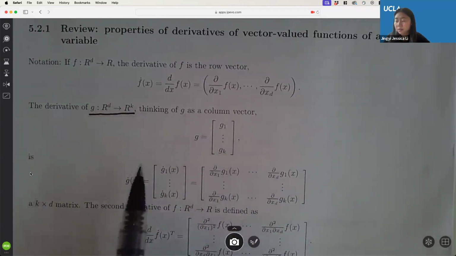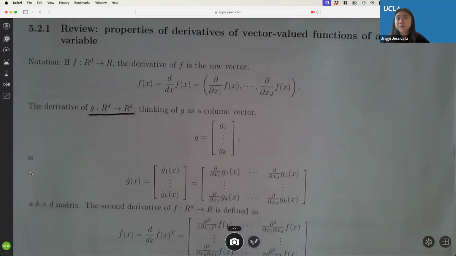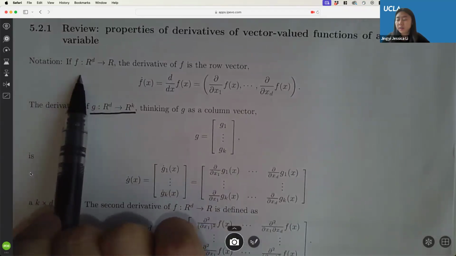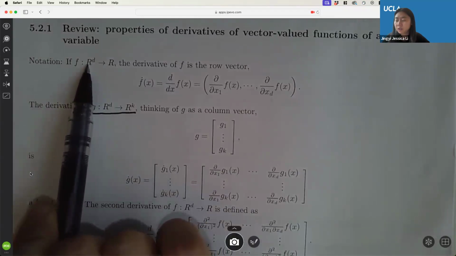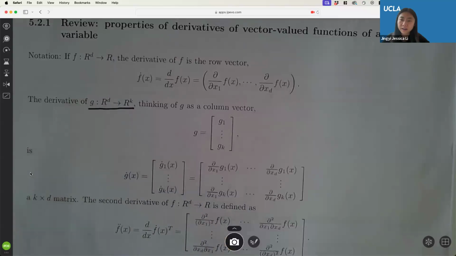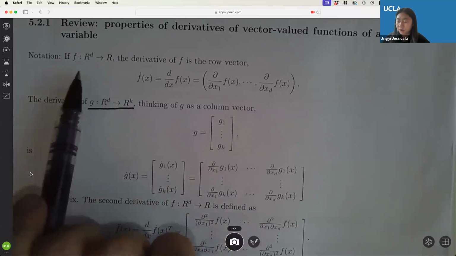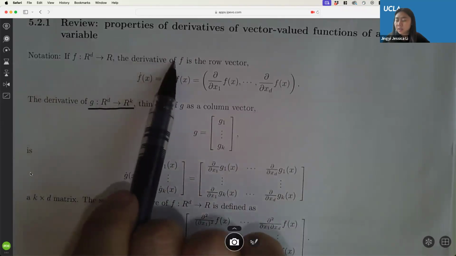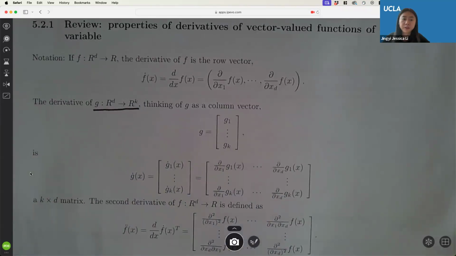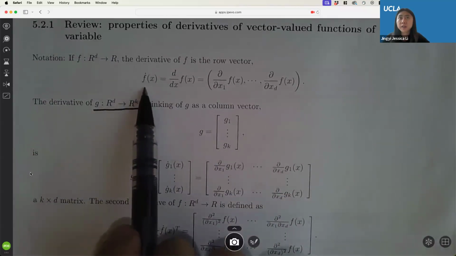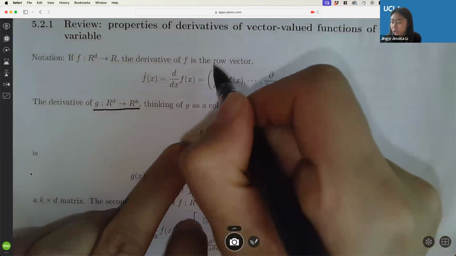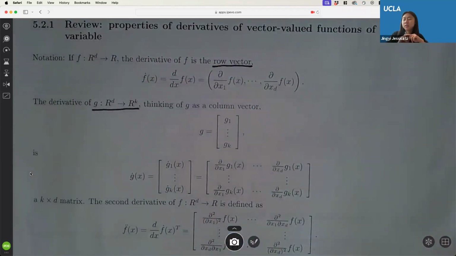How do we derive a derivative for such a g function? Before we do that, we first look at this real valued function, f. Here, even though the input is still a d-dimensional vector, the output is one-dimensional. We get a scalar value output, so this is called a real valued function. In this case, the derivative is written as a vector. In this class, we follow the Ferguson book by putting a dot on top of f, and we use a row vector by convention.